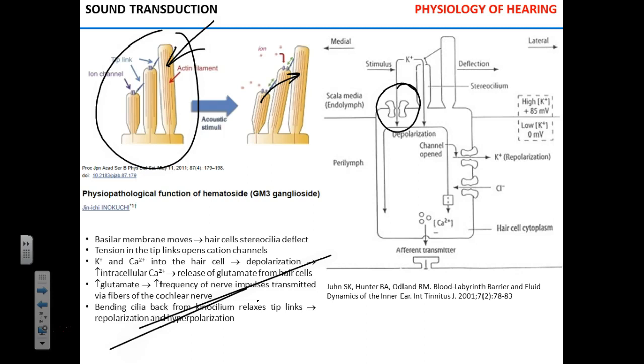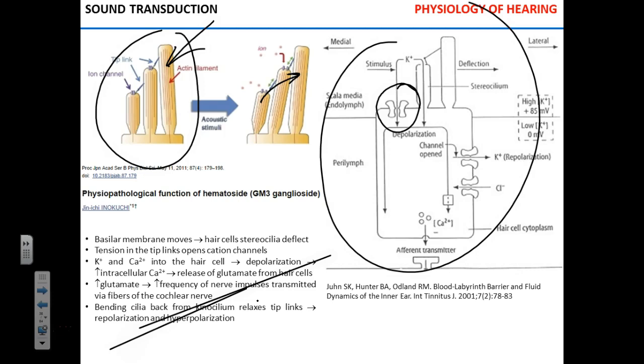Usually potassium flows out. Usually the potassium concentration inside of the cell is high, right? But in this case, which fluid surrounds the hair cell? Endolymph. And endolymph has a very high concentration of which ion?